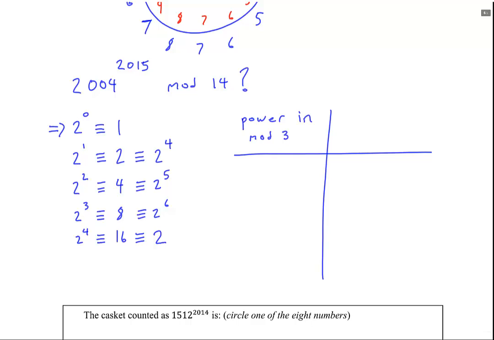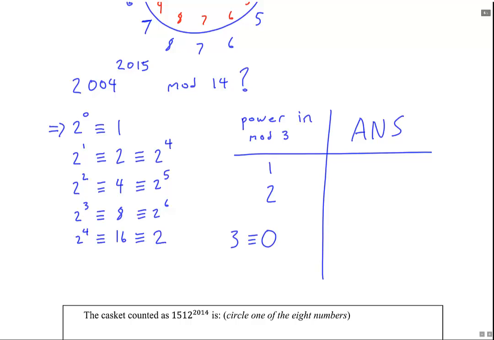It can either be 1, 2, or it could be 3. I'm going to write that 3 as 0. It will tell us what the answer to our problem here is about 2004 to the power of 2015.